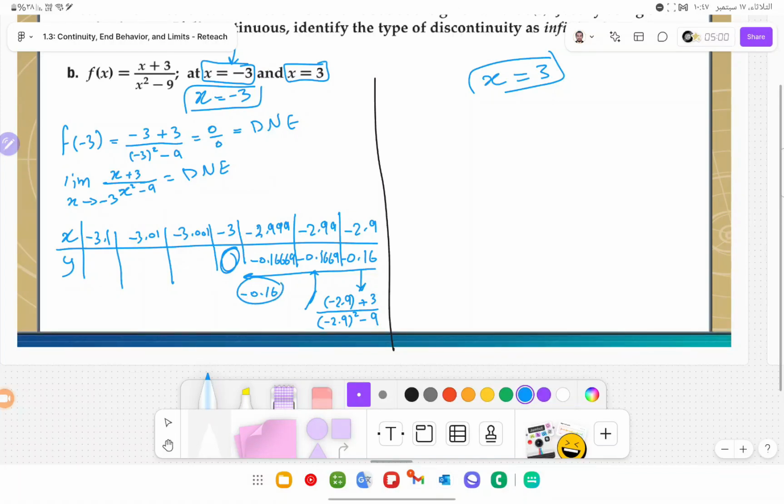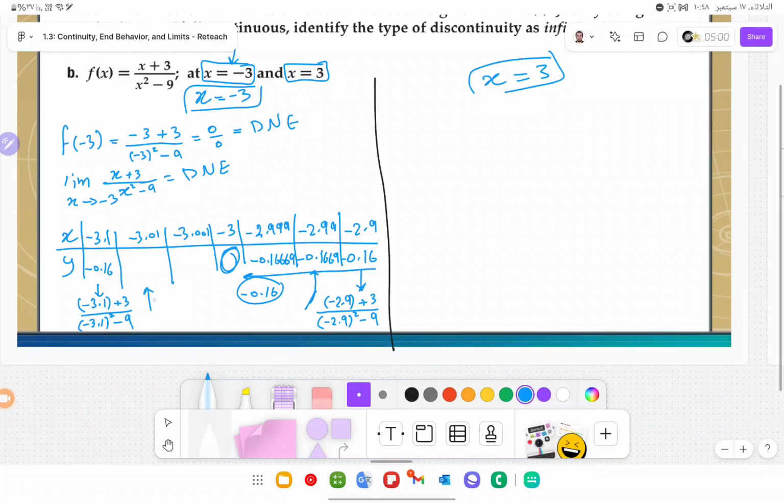Now you have to try to replace the other points in the equation. So now let's replace negative 3.1 plus 3 over negative 3.1 squared minus 9. Okay, so the answer will be negative 0.16.